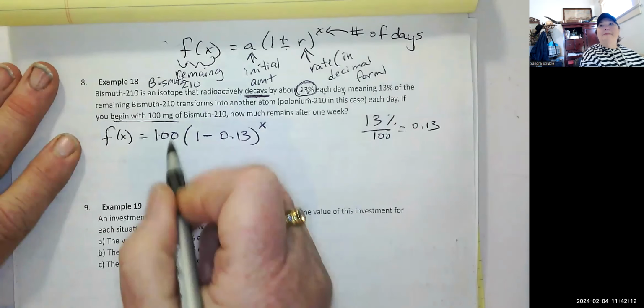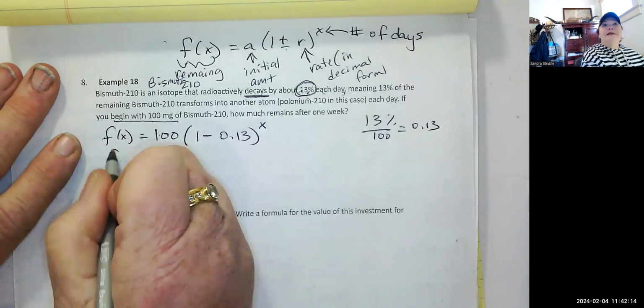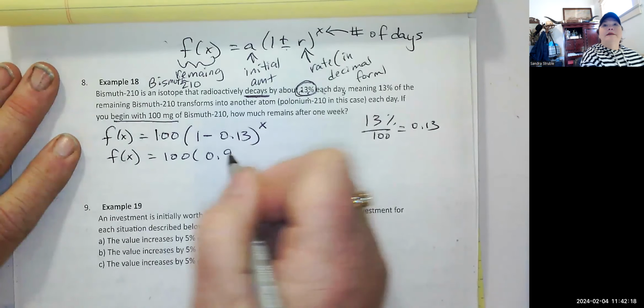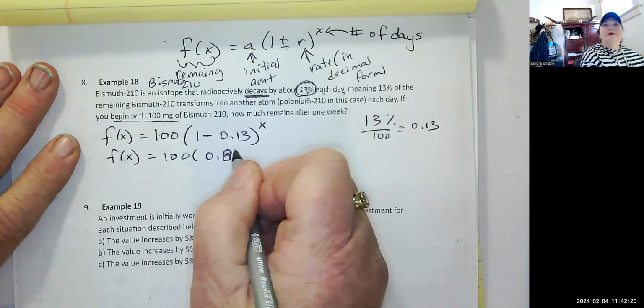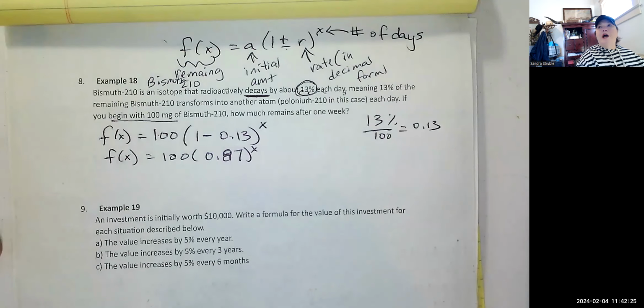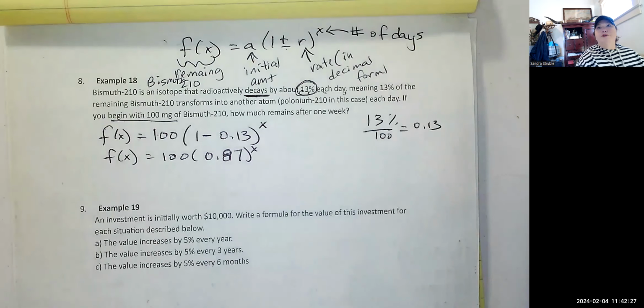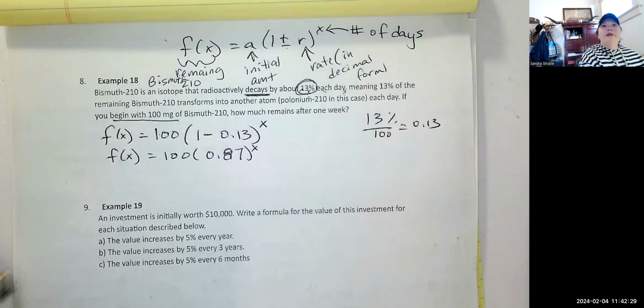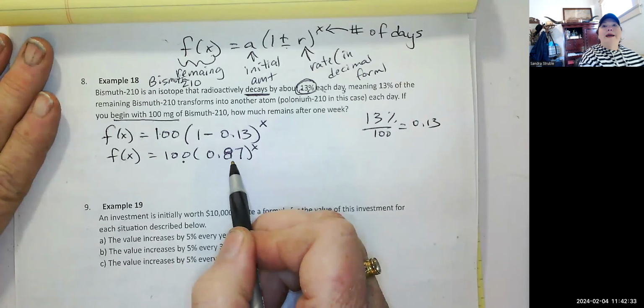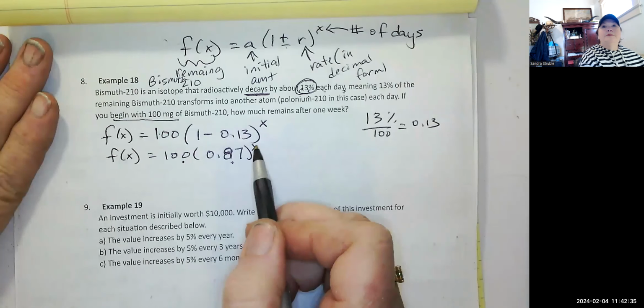All right, I'm not leaving it in this form because I want you to clean it up. Granted, I didn't ask you to write an equation, but you don't want to put in 1 minus 0.13. That's just one more step in your calculator. You have a chance of messing up. Don't do that. Now we know from the initial value of 100, it's decaying at 0.87 per day.